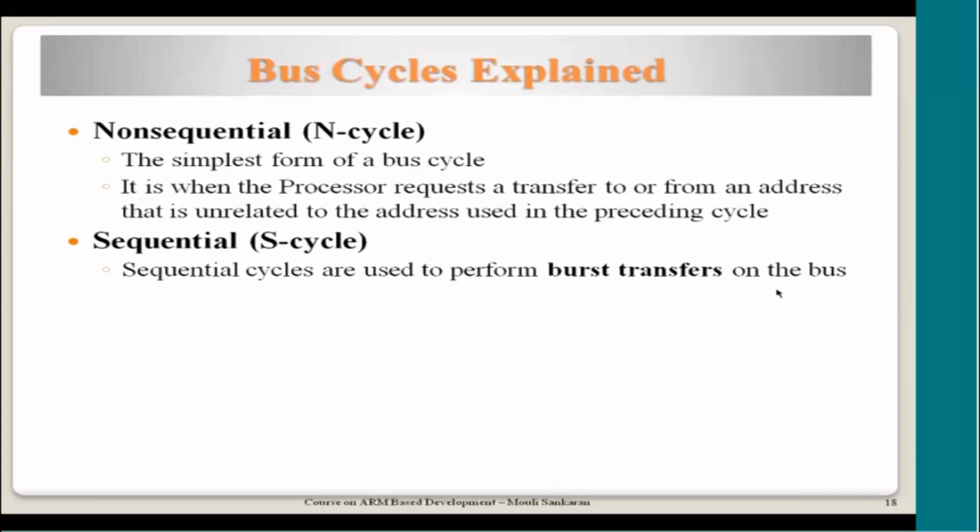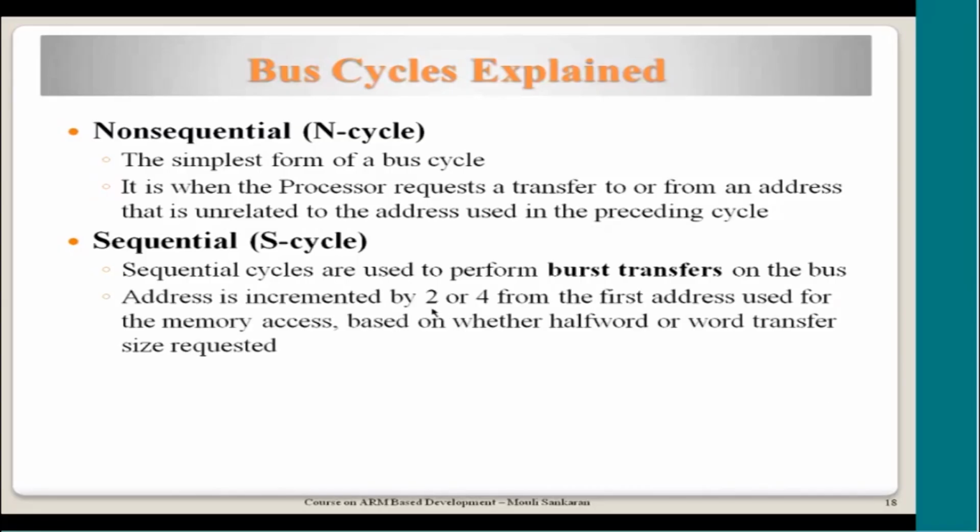So till this sequential mode changes to non-sequential or some other cycle, either an internal cycle or a coprocessor cycle, it will continue to read from the sequential addresses starting from that address. But one thing you have to remember is that every cycle the incremented address is also put on the address bus. But memory can comfortably go and do the data access because it knows that the processor is interested in sequential address access.